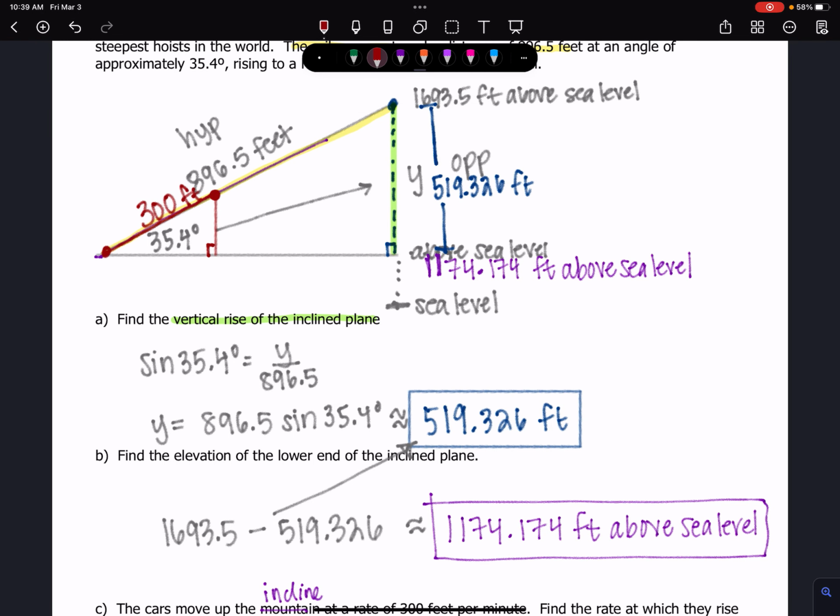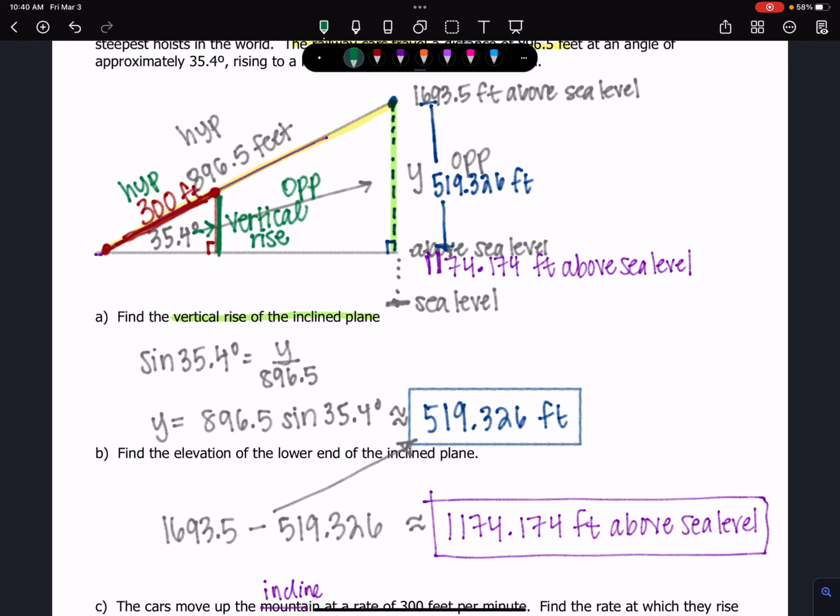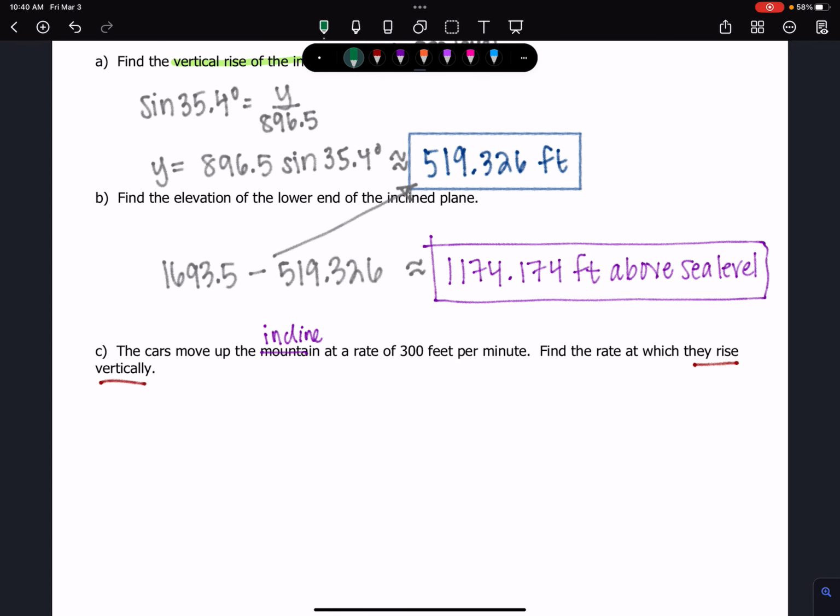If they're traveling 300 feet per minute, what is the vertical rise? This would be your vertical rise in feet per minute. Well, if I need to find that green side, I've got the opposite. I've got the hypotenuse of 300. That's going to be the sine function.